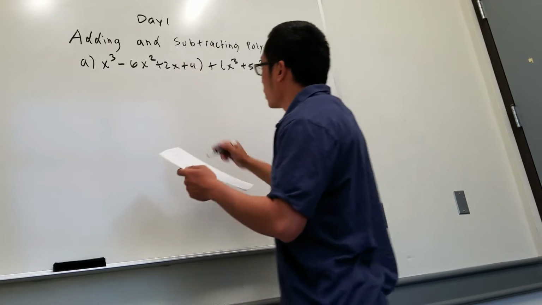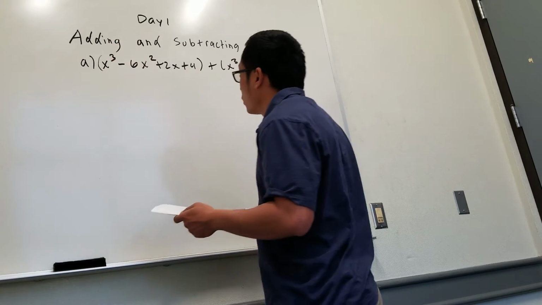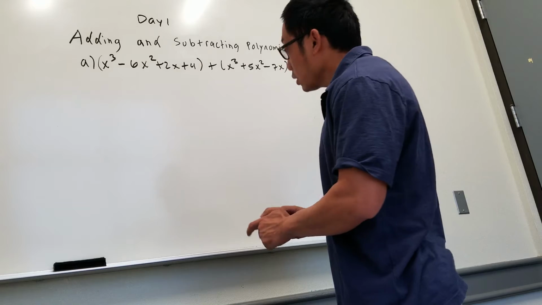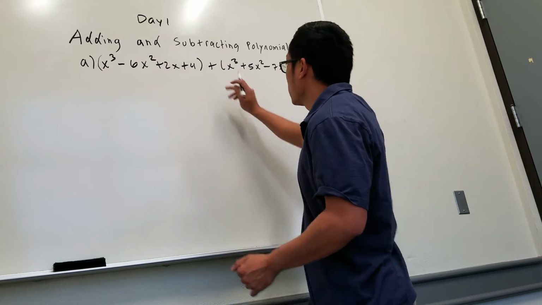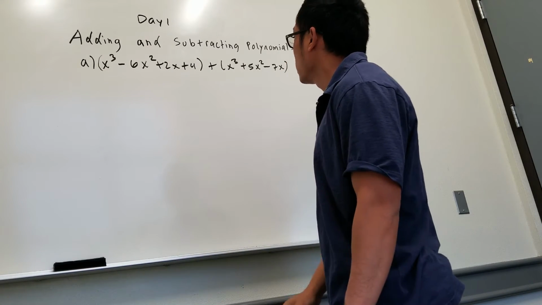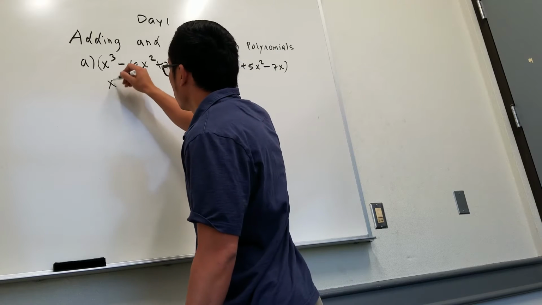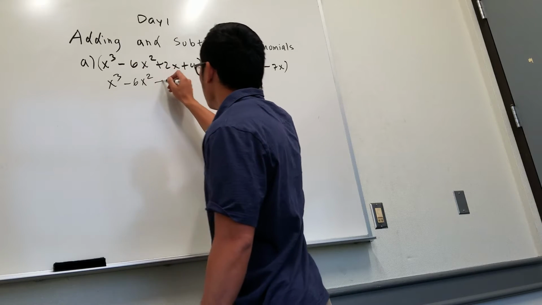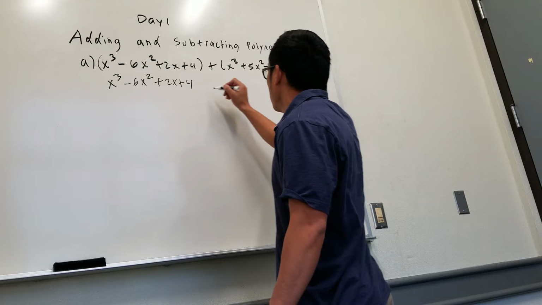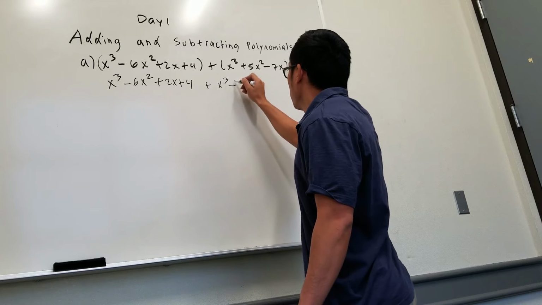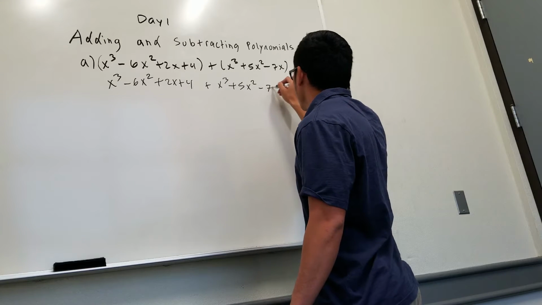Oh, I forgot parentheses here. Since this is positive, we can pretty much drop the parentheses. We just add like terms. So we have x cubed minus 6x squared plus 2x plus 4 plus x cubed plus 5x squared minus 7x.